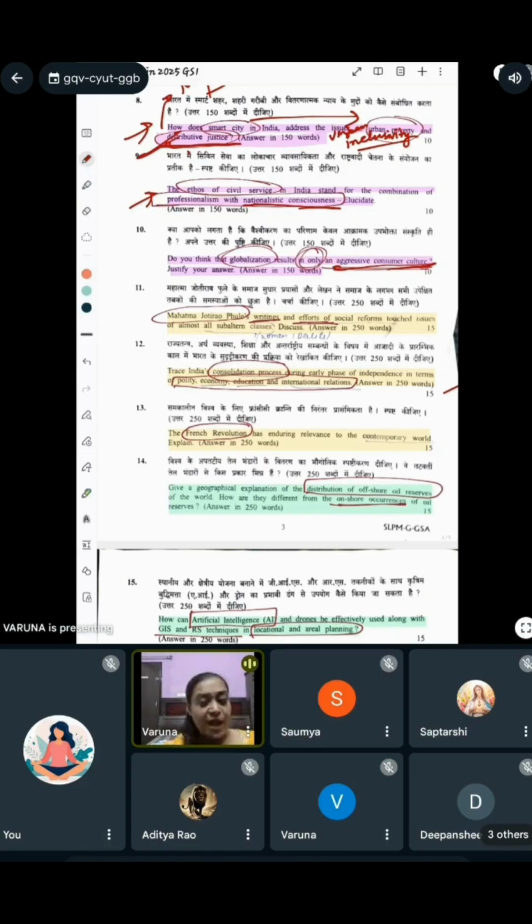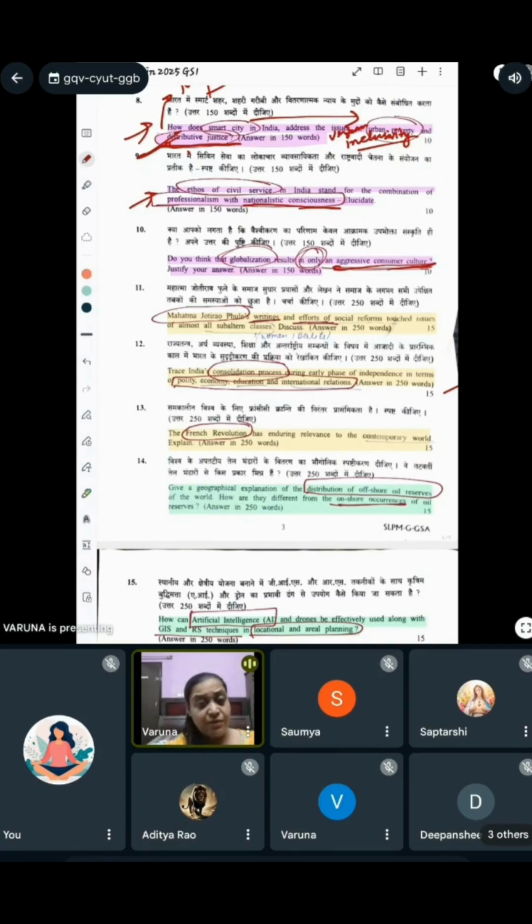So it would have related this particular question with the GS1 kind of topic. That is one kind of approach, because otherwise if you write in the GS4 kind of language and points here, it will become a mismatch, and maybe UPSC is not asking for that here, because otherwise it would have asked this question in the GS4 paper, right?